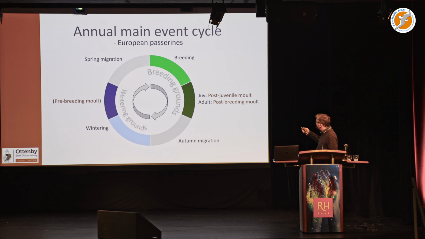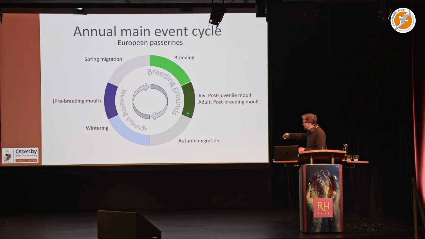What is also very clear from this slide is that we have two distinct molt periods during the year. We have a molt period after the breeding and before the autumn migration is initiated. The juvenile bird performs its post-juvenile molt during this period, and the adult bird performs its post-breeding molt.